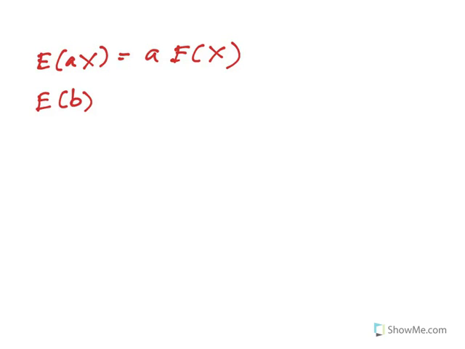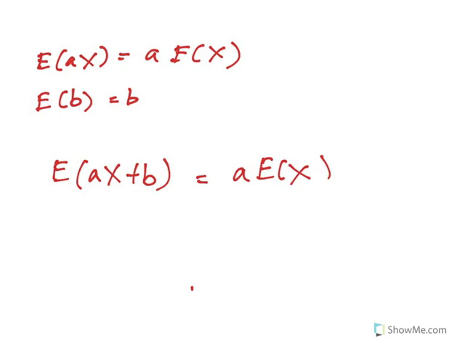What's the expectation of B? What's the mean of $100? If I say it's $100, it's just $100. The mean of 100 is just 100. It's just B. So the expectation of AX plus B is just A times EX plus EB.